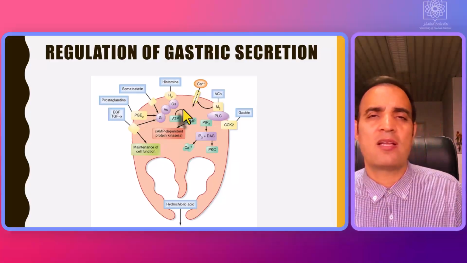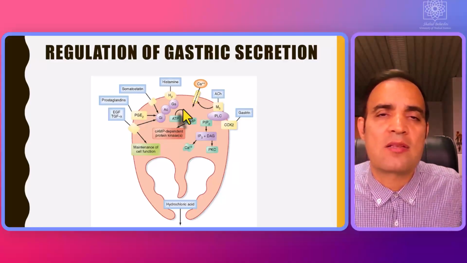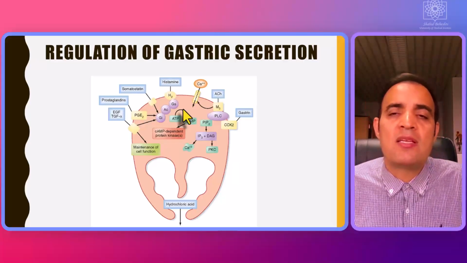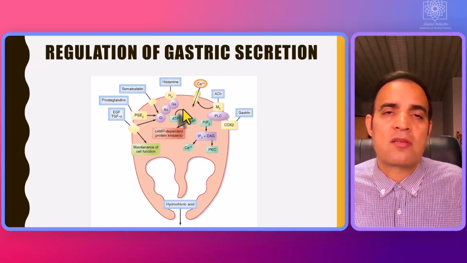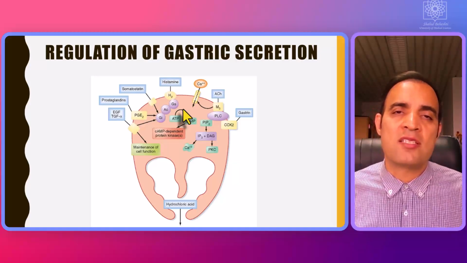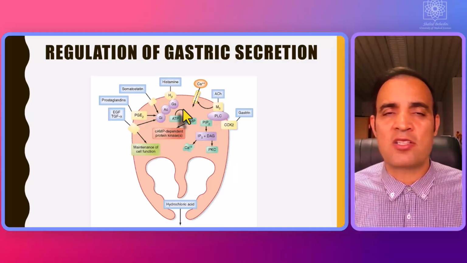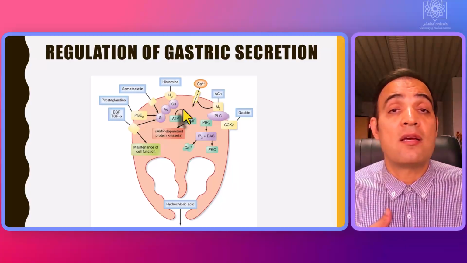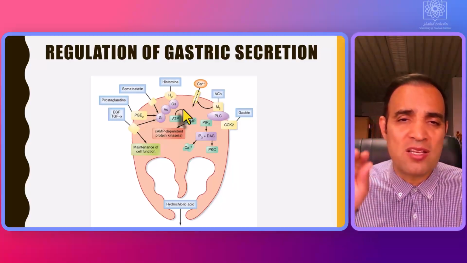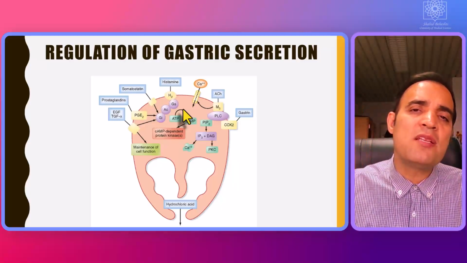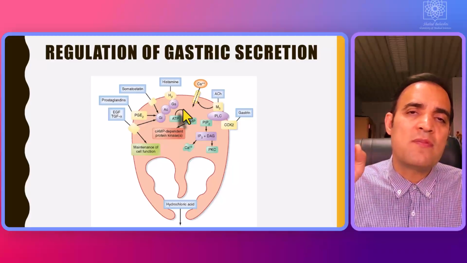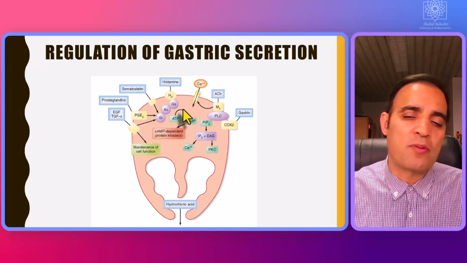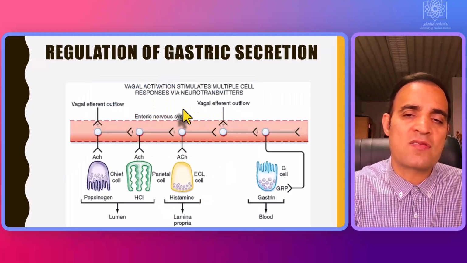And by the way, those drugs that inhibit the histamine action that I told you about, such as ranitidine, inhibit acid secretion. Sometimes we have other drugs that inhibit acid secretion by directly inhibiting the hydrogen potassium pump in this figure.